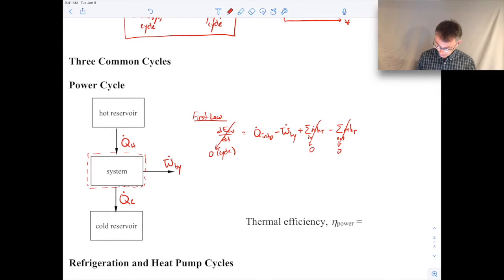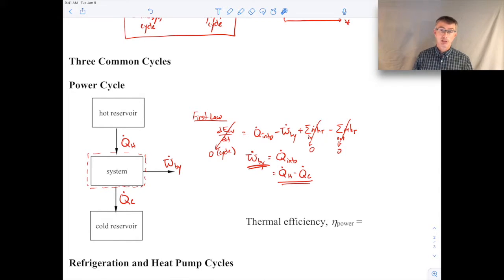And so what we're left with then is the power that we extract out of our system is equal to the net rate of heat transfer into our system. The Q dot into, we can expand into a Q dot H minus a Q dot C. Right, because the net heat into our system, or into our control volume here, is the Q dot H coming in minus the Q dot C going out.